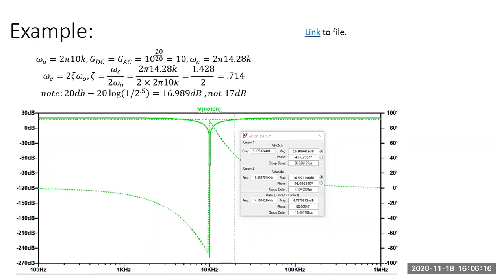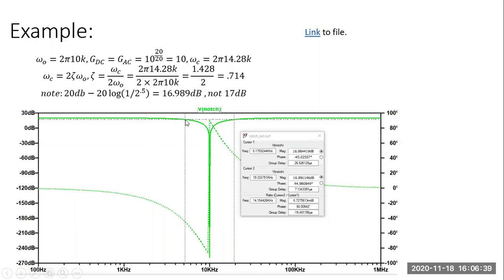Well, why didn't I get exactly the right answer? I mean, I'm pulling it right off of LT Spice. Well, that's because the minus 3 dB point isn't really the minus 3 dB point. So if I take 20 dB minus this ratio in log, it's 16.989 dB.